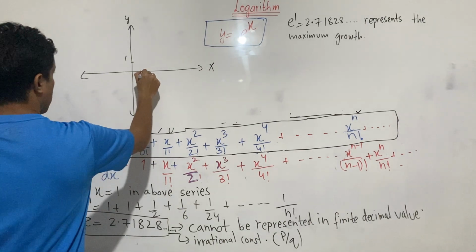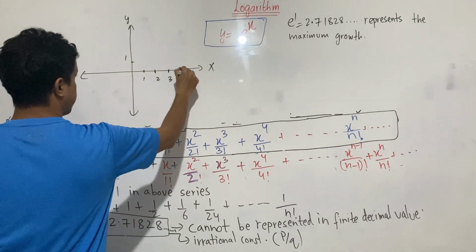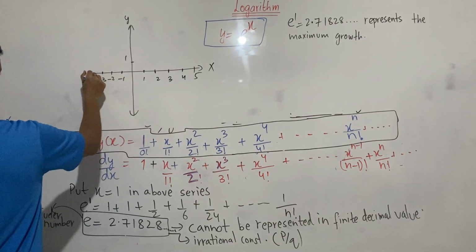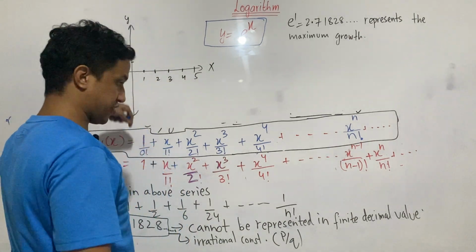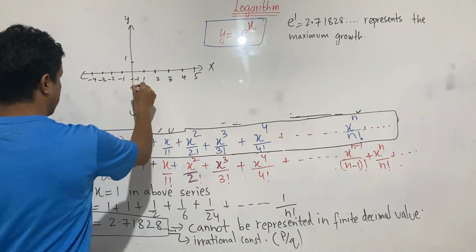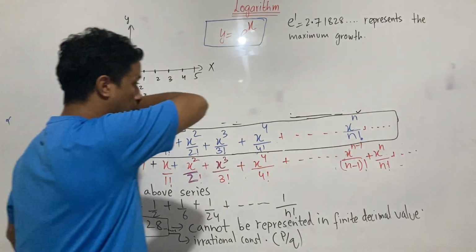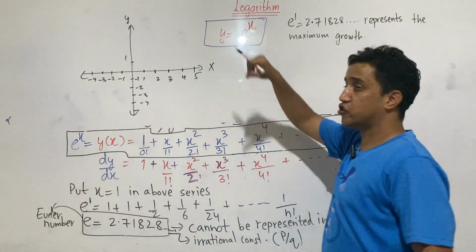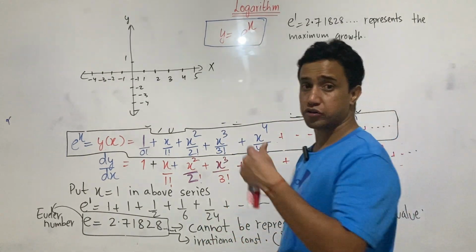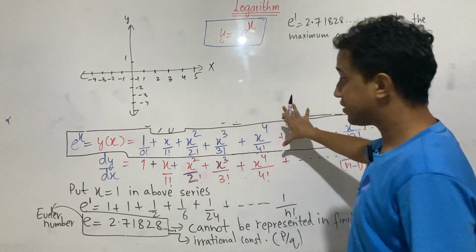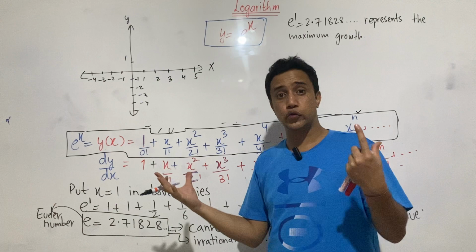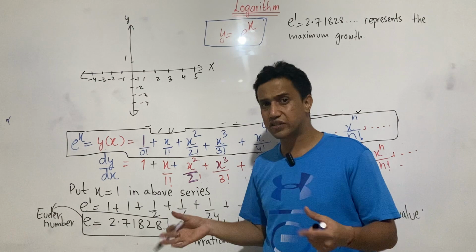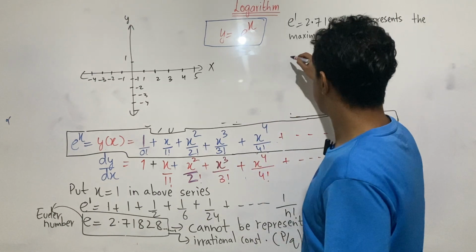This is your 1, here 1, 2, 3, 4, 5, and here -1, -2, -3, and so on. Now, when this whole thing started, I told you that we got the basic differential equation, which means we have to start from somewhere, and we started at x equals 0.